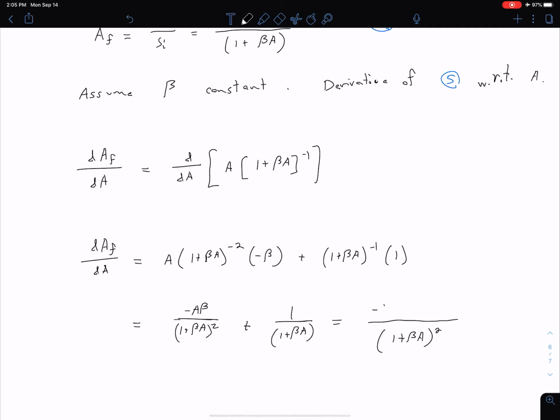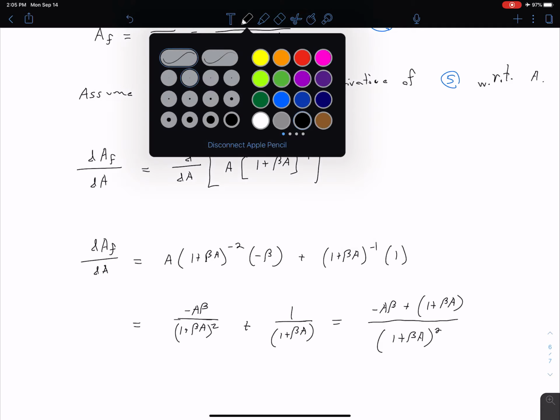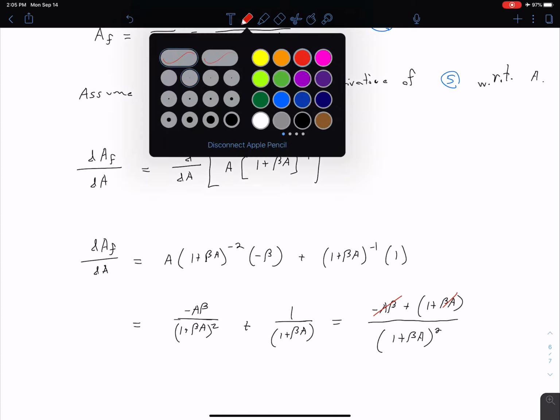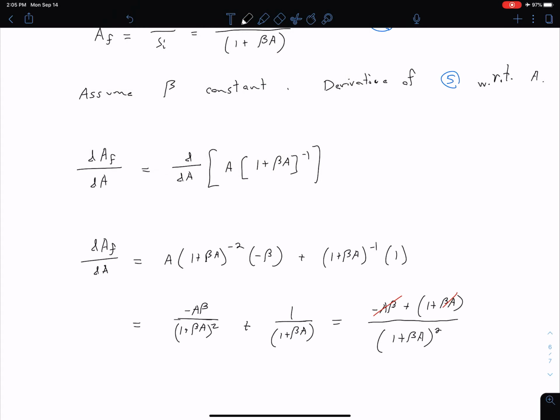We just have this negative A beta from the first term, and for our second term we multiply top and bottom by 1 plus beta A. So we have something that looks like this. What we notice here is in our numerator, we have negative A beta and positive A beta, which are going to cancel out, and we're going to be left with just 1 over (1 plus beta A) squared.